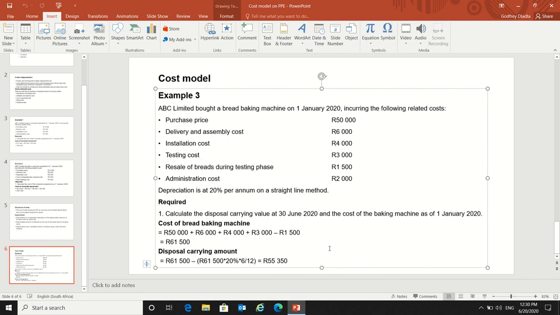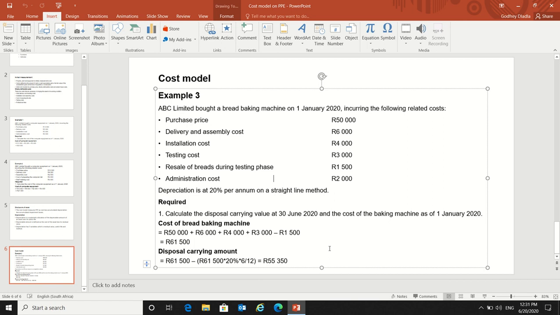Right. Now, here they're talking about a situation whereby, let's say, during the testing stage you manufacture 50 breads, and then you decide to sell these 50 breads to maybe your employees, or the companies that you are working with, maybe your service provider, whoever you deal with.